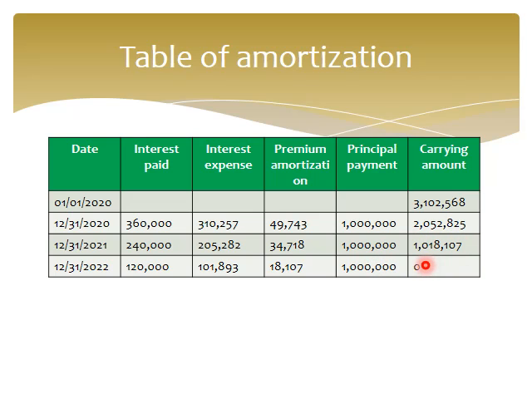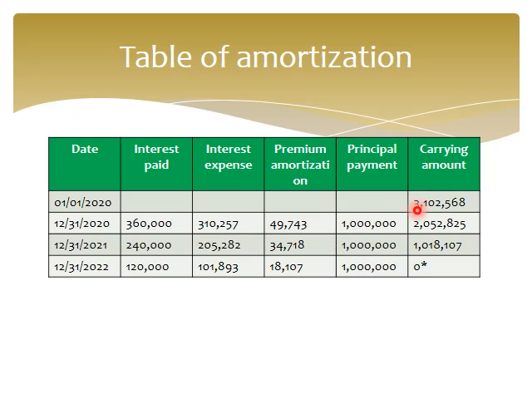So, at the end of year 3, we no longer have a liability because you have paid it for the last year, December 31, 2023, the 1 million and the 360. Because at the end of year 3, you have paid the whole face amount of 3 million, 1 million every year, and the whole premium on bonds payable has been amortized.